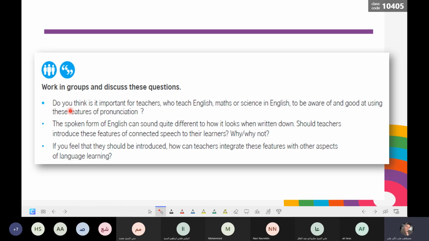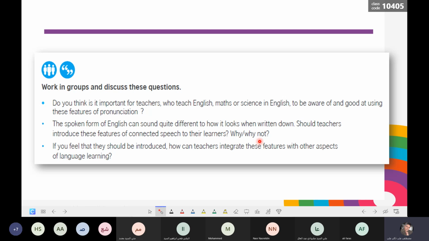I want you to think about these questions. Do you think it is important for teachers who teach English, math, or science in English to be aware of and good at using these features of pronunciation? Another question: the spoken form of English can sound quite different to how it looks when written down. Should teachers introduce these features of connected speech to their learners?